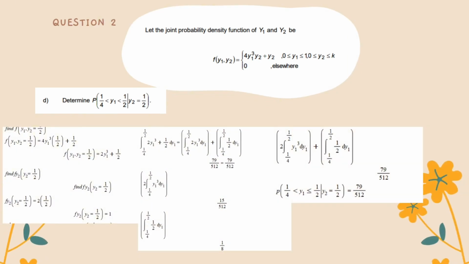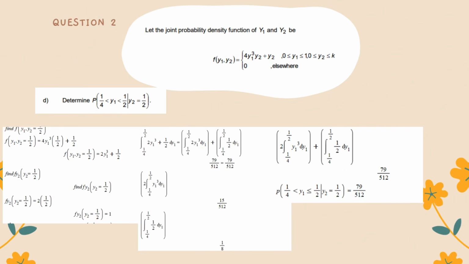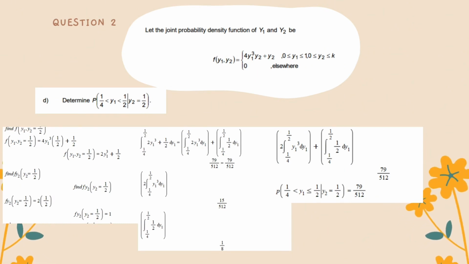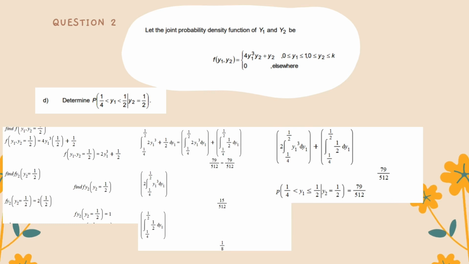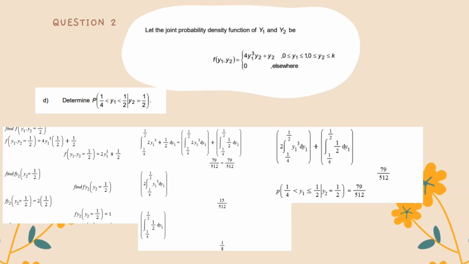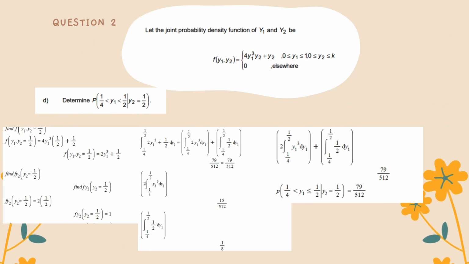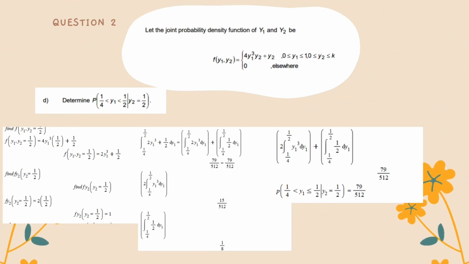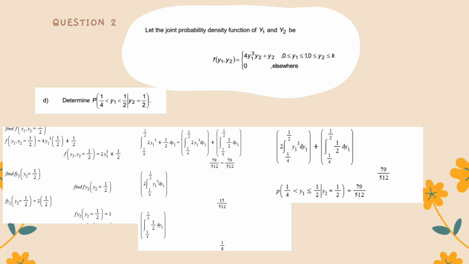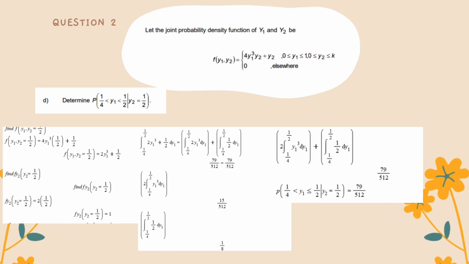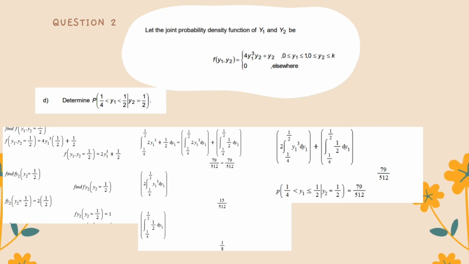For question D, the task involves finding the conditional probability that y1 is more than 1 over 4 and less than 1 over 2, given y2 equal to 1 over 2. The first step is to find the joint density when y2 equals 1 over 2. Then the marginal density at y2 equal to 1 over 2 is calculated by integrating over all possible y1.